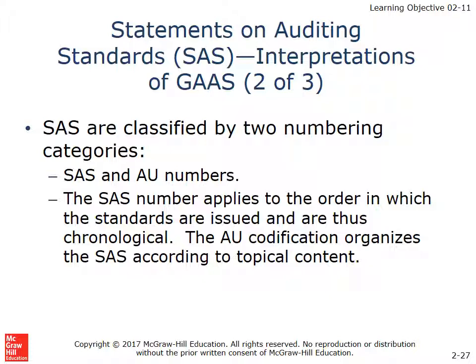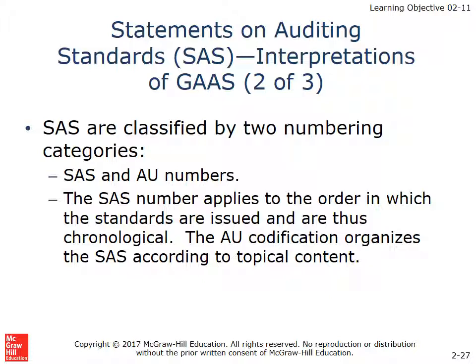Statements on auditing standards are classified by two numbering systems, SAS and AU. The SAS number applies to the order in which the standards are issued and are thus chronological. The AU, though, is codified, meaning they're organized.